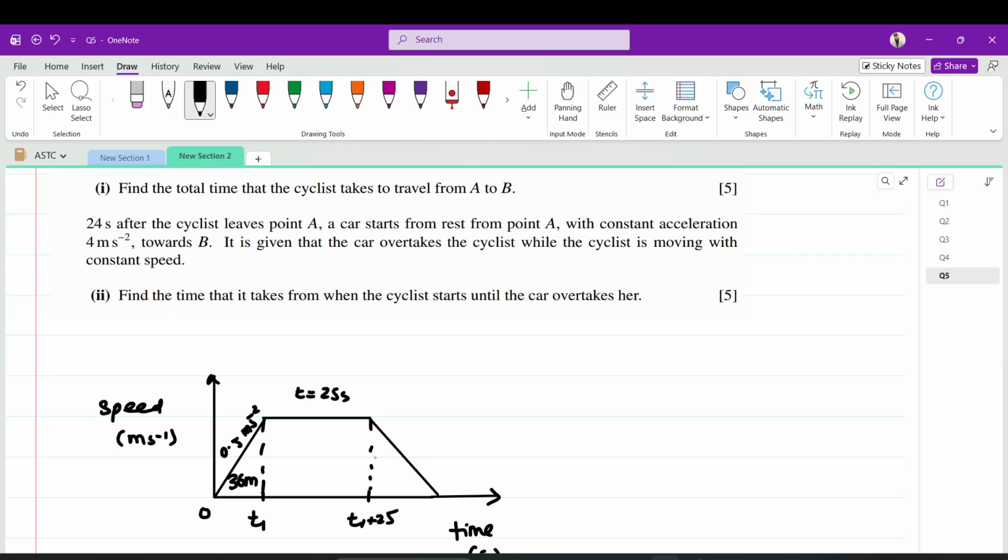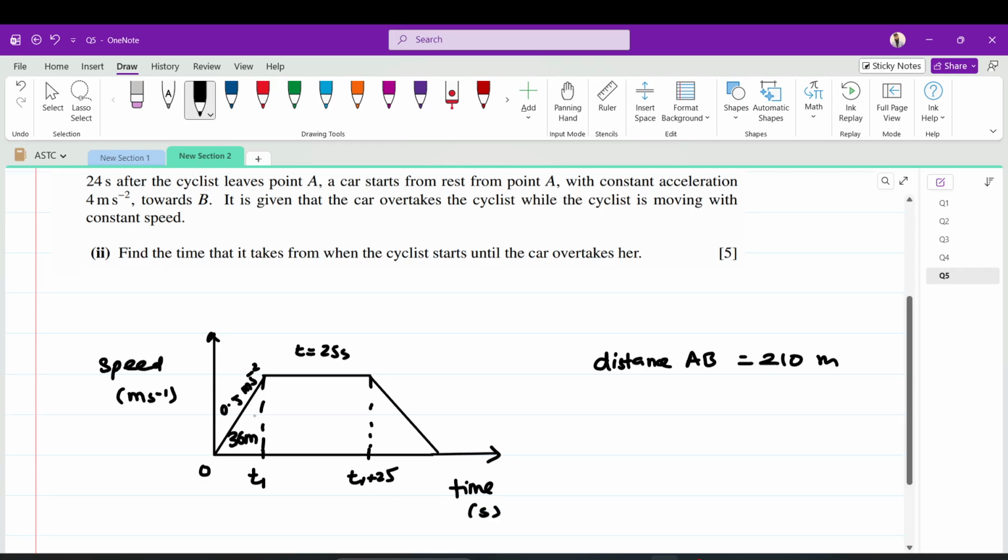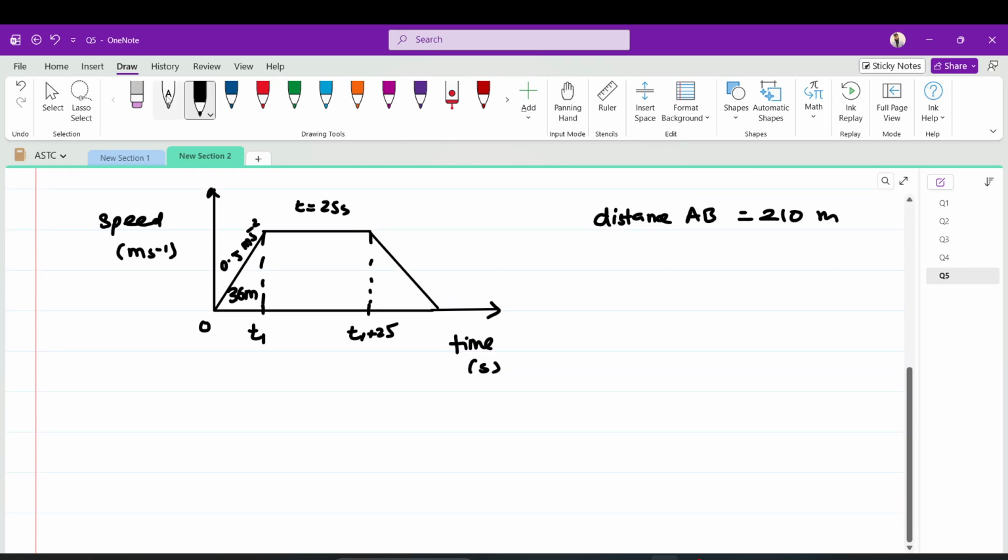Then we know that the total distance, the distance AB, equals 210 meters. The purpose of the speed time graph is just to give you an idea of what's going on. But there is a much better approach so that we can write everything in a bit more detailed way. Let me draw the straight line.